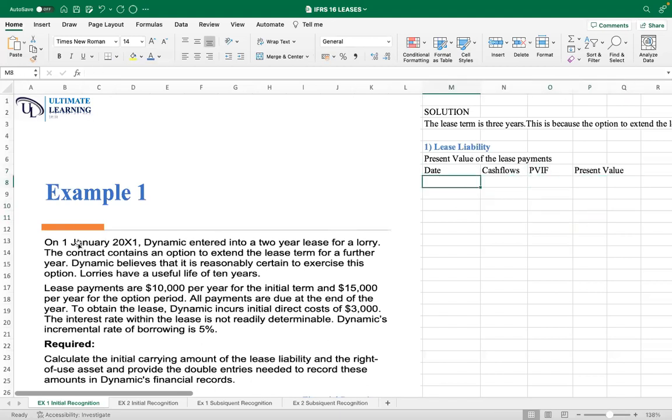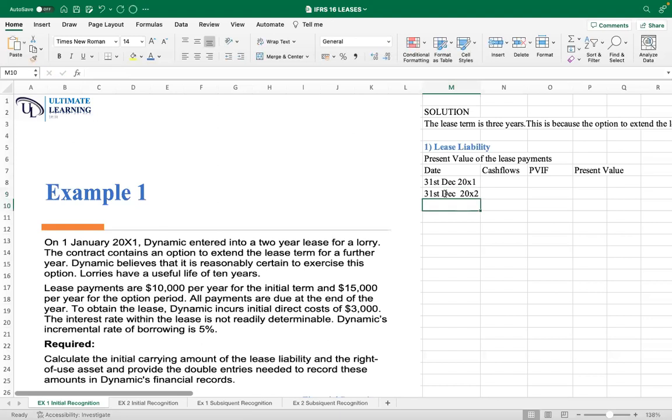Now the first year, remember the lease contract started on 1st January 20X1. So that year ends on 31st December 20X1. Remember, it was for 3 years. The second year will end on 31st December 20X2.